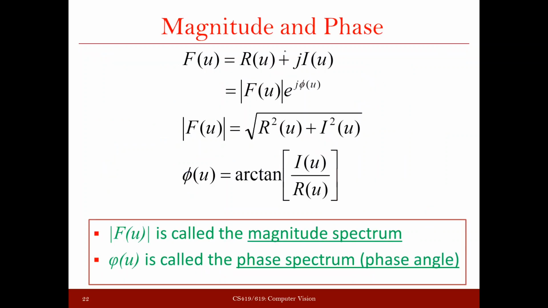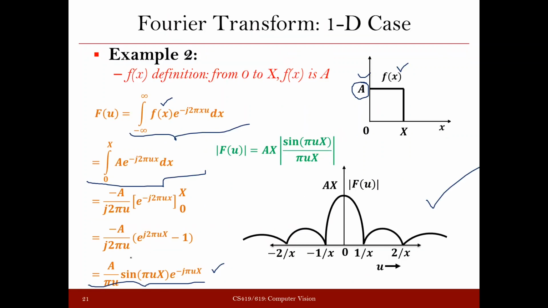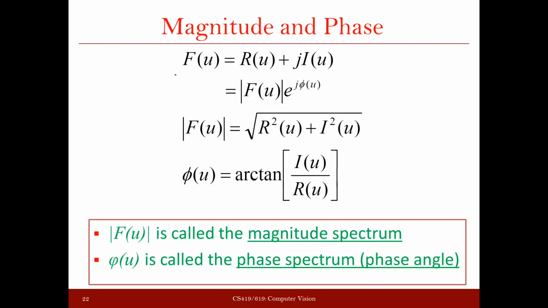Okay, so whatever representation you are getting here from this Fourier transform formula, if it is a complex quantity, in a generalized fashion you can write f(u) is equal to R(u) plus j times I(u), right? Where R(u) denotes the real part of the expression, and I(u) denotes the imaginary part.